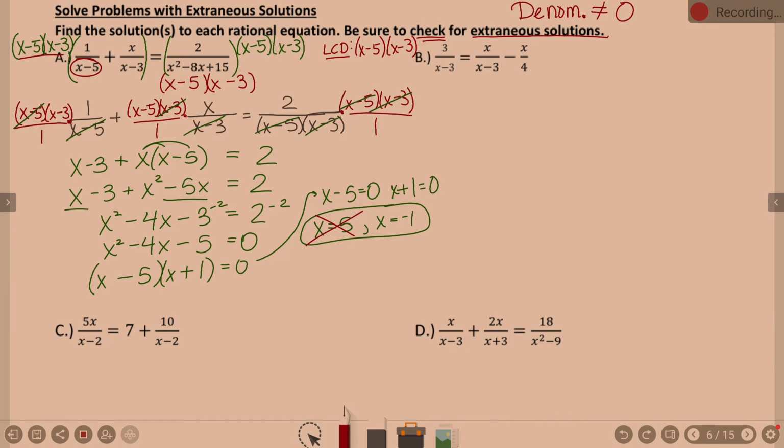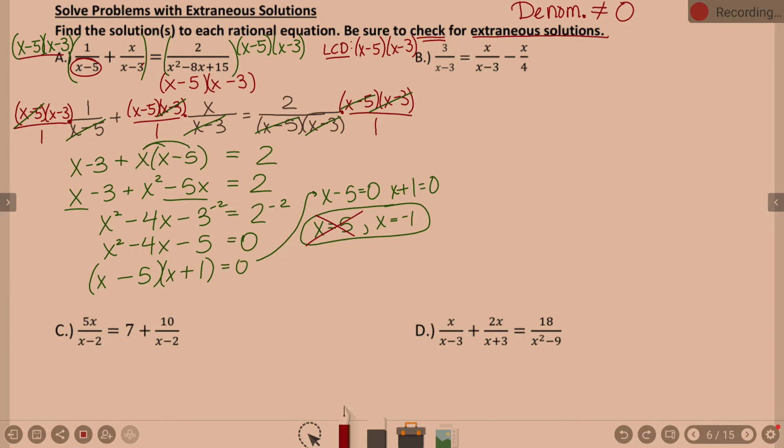Okay, it is what we call an extraneous solution. Yes, we legitimately got that answer, but when you plug it back into the original equation, it doesn't work. Okay, now does negative 1 work? Yeah, it should. The other answer that wouldn't work for sure would be a 3.